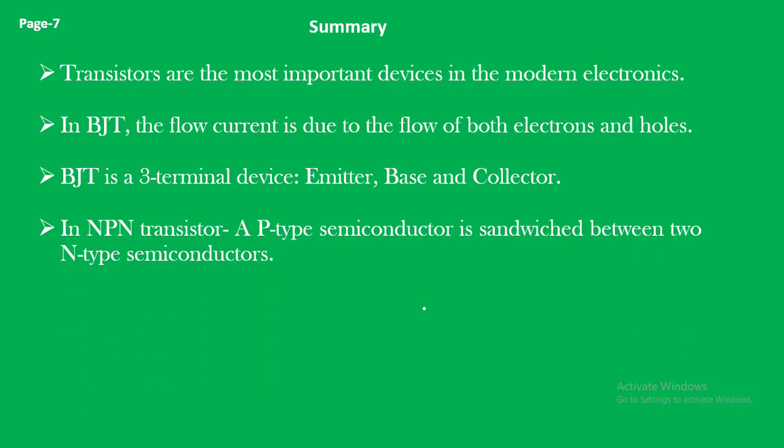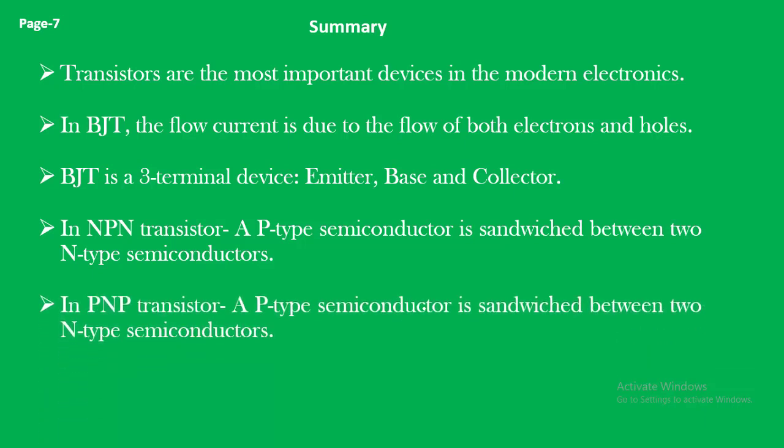In NPN transistor, a P-type semiconductor is sandwiched between two N-type semiconductors, and in PNP transistor, here a small correction, an N-type semiconductor is sandwiched between two P-type semiconductors.